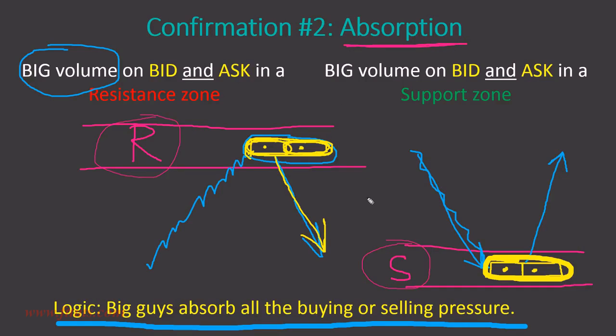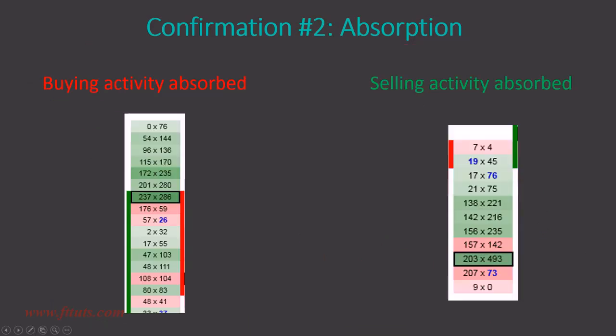Alright, so in this case it's a little bit easier than the confirmation number 1 using limit orders, because in this case you don't really need to think where the limit order needs to be, whether it needs to be on bid or on ask. In this case you want to see a huge number pop up in here and also in here, on bid as well as on ask. This is how it can look like.